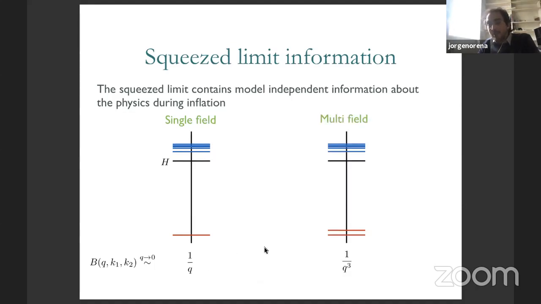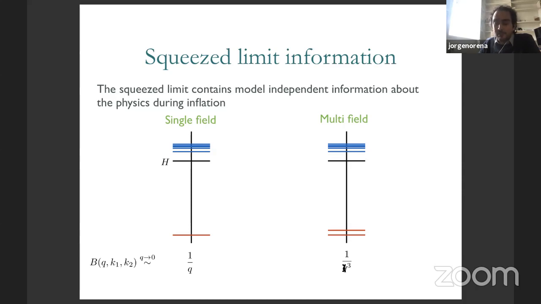From explicit calculations that people have done, we know that if you have more than one field, the divergence in the squeeze limit is much stronger. So if we manage to measure this divergence, we will know what is the field spectrum of inflation.